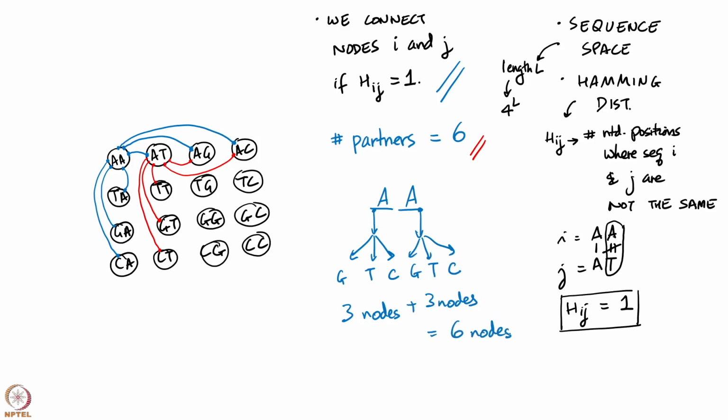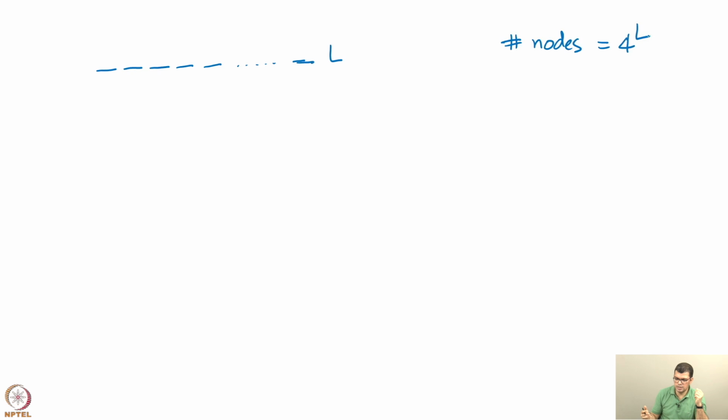And we can generalize this: if we have a sequence of length L, then the number of nodes in the sequence space is equal to 4 to the power L, which we have already seen. But in this map that we have, how many partners will each node have?